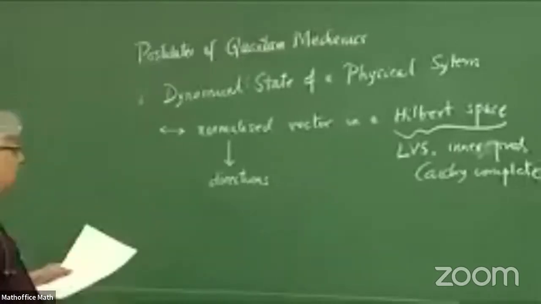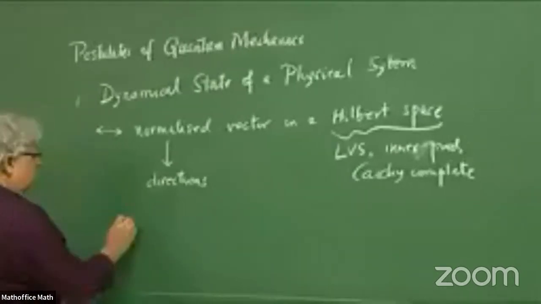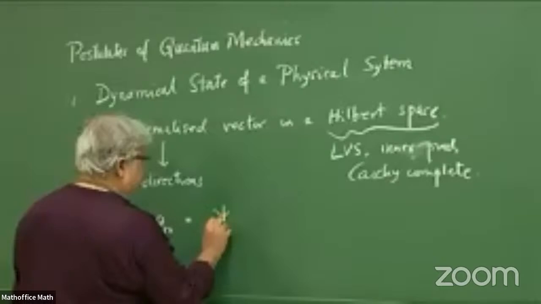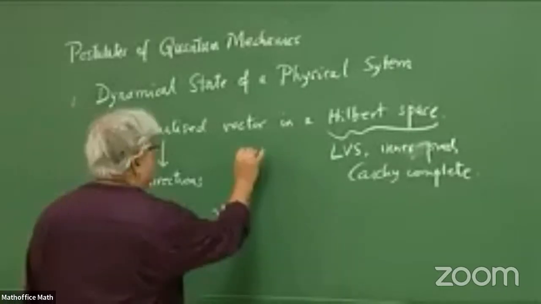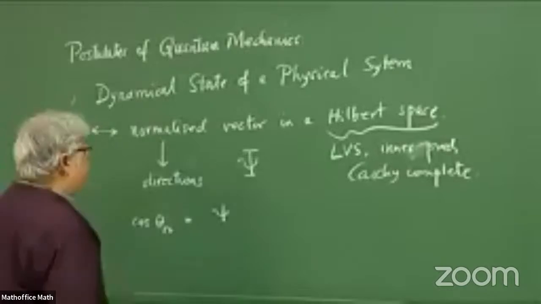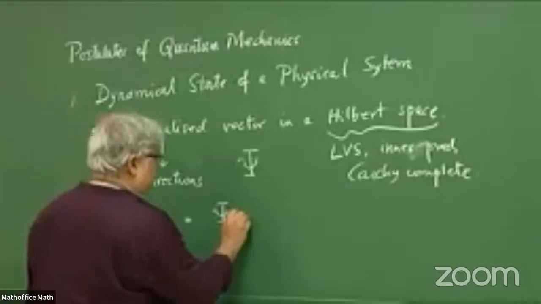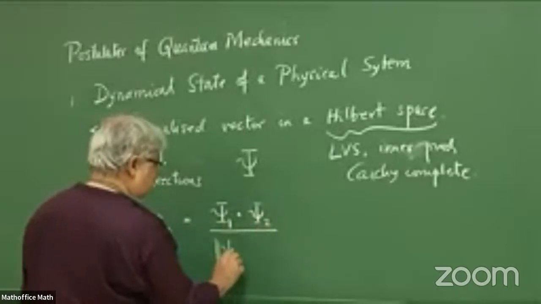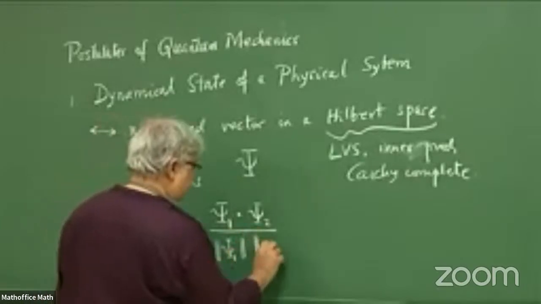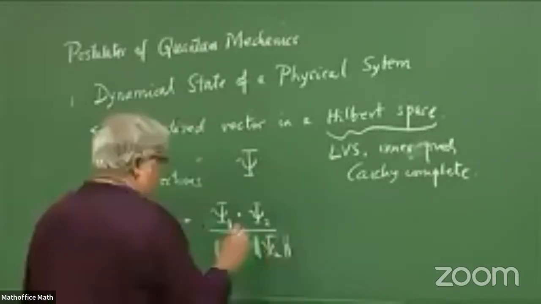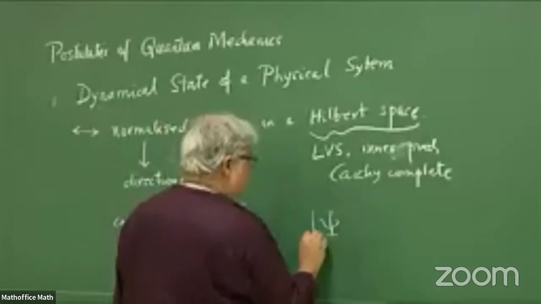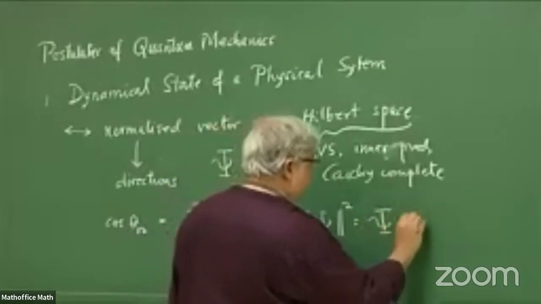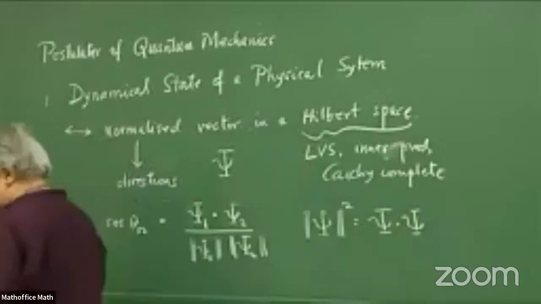So here, since it's an inner product space, you can always define an angle between two states. So I'll denote the state vector as psi. So I can take psi1, psi2, that's my inner product, and divide it by the norms. Norm, standard definition, in terms of the inner product.